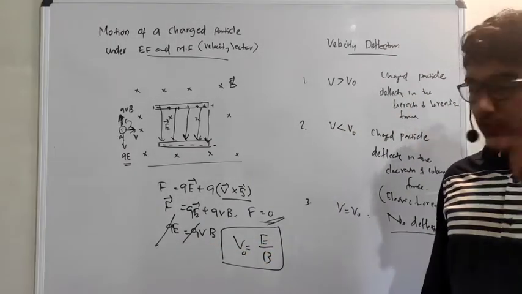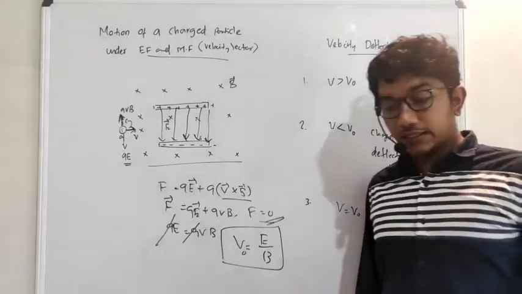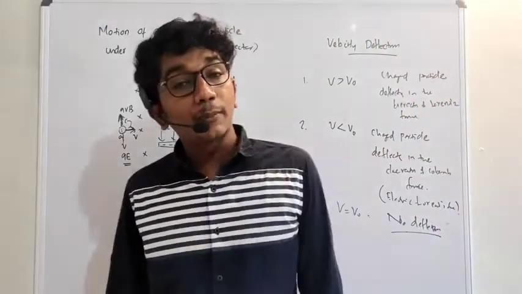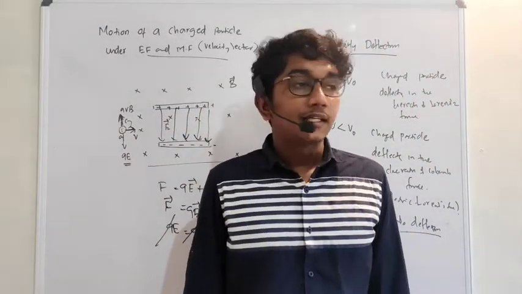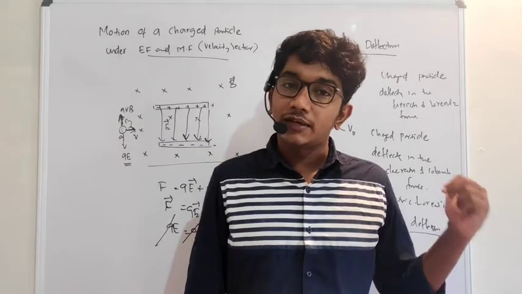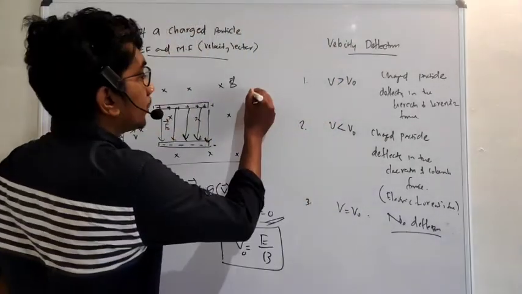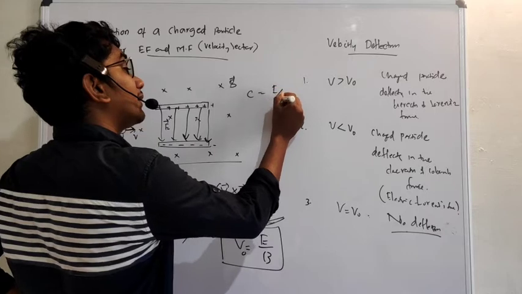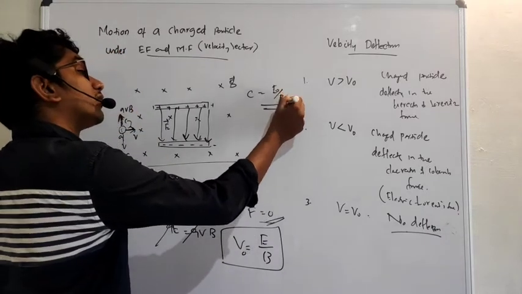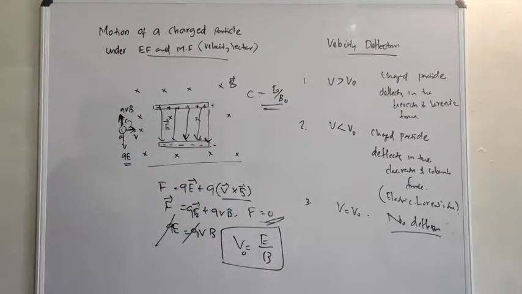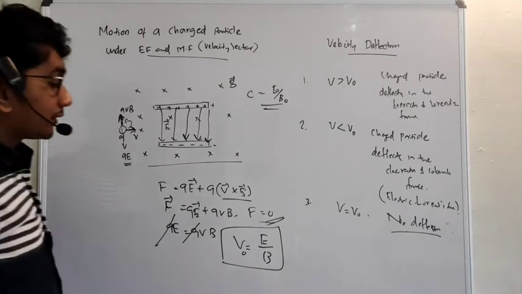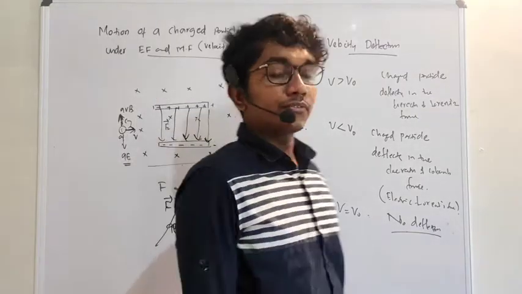This thing we will study in detail in electromagnetic waves. In electromagnetic waves also we have to check this, because you must have seen C is equal to E0 by B0, the peak values. We will discuss this in detail in the case of electromagnetic waves.